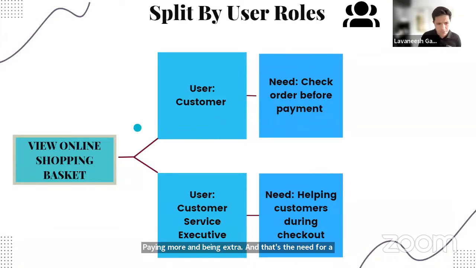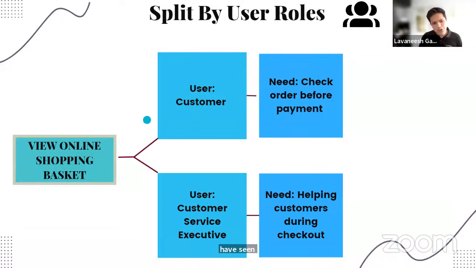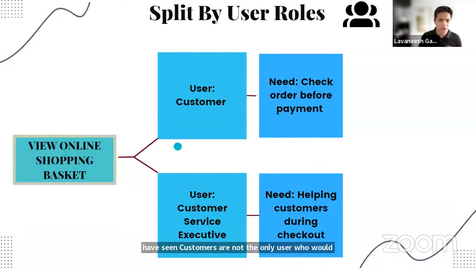But sometimes you might have seen that customers are not the only users who would want to view the online shopping basket. In many organizations, we have got customer services executives. So for an example, I have got a problem with the order, and I give a call to the customer services executive. "Hello, I just want to check this basket, but this basket is not showing properly."